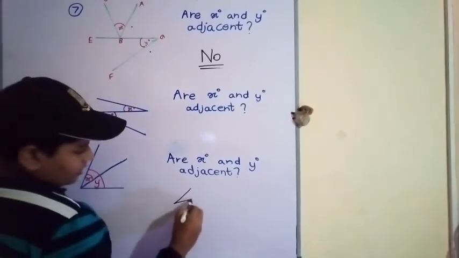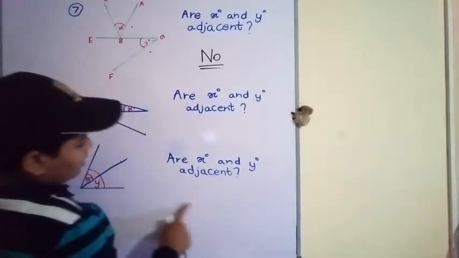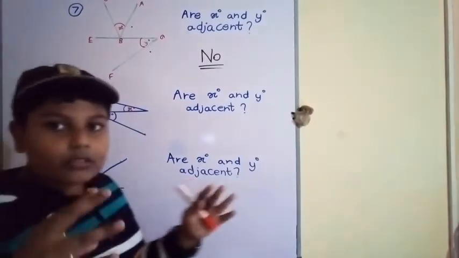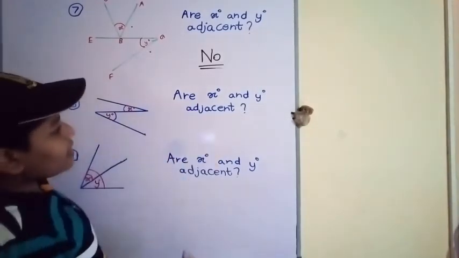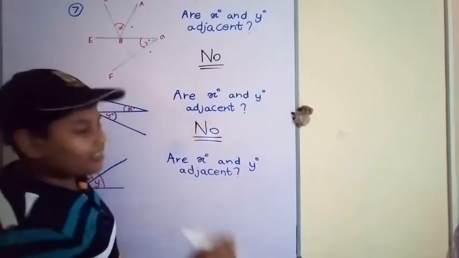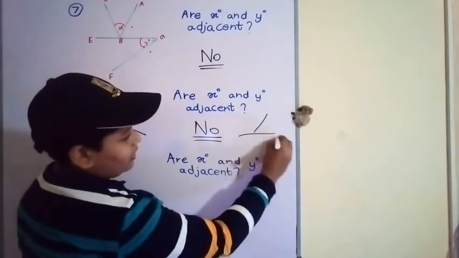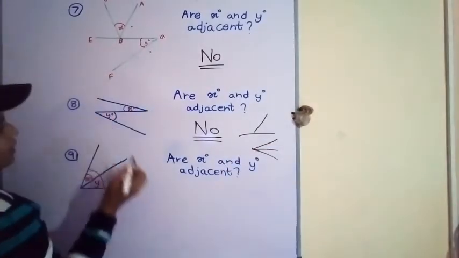Right? They are two separate ones, right? That is no. In the 8th one, are X and Y adjacent? No. Like this one, they are not adjacent, they are separate.